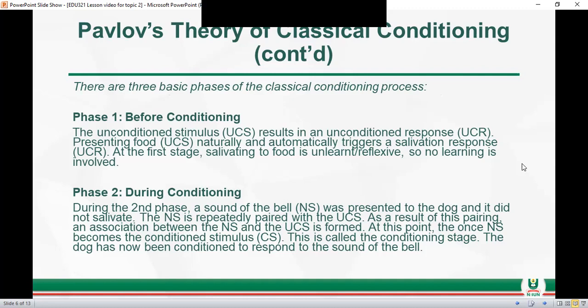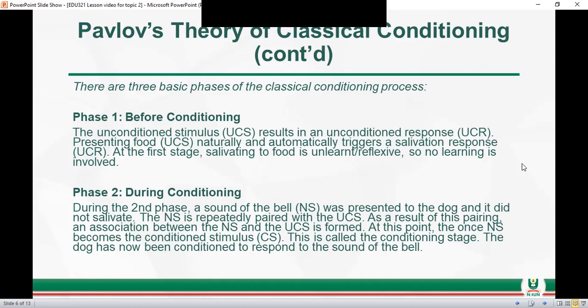At this first stage, there is no learning involved because the stimulus and the reaction that was triggered was a natural occurrence. Food and salivation. No learning involved. It was unlearned. It was a reflex action.